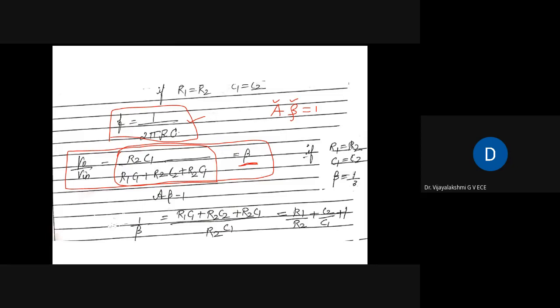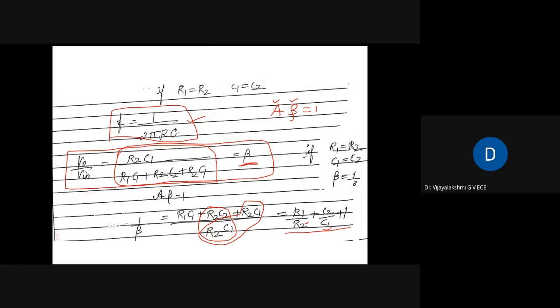So I have R1 divided by R2. Next in this term, I have R2 and R2 will get cancelled. So I have C2 by C1. Yes. And the last combination, R2C1, R2C1 will get cancelled. I have 1. Now this is what we are getting, which is equal to 1 over beta.